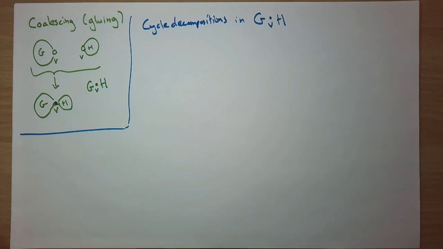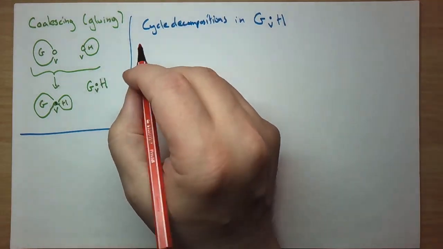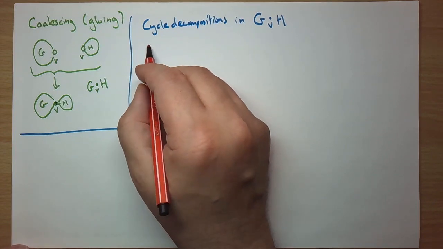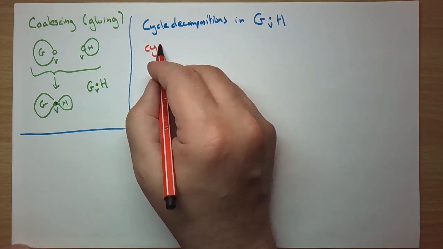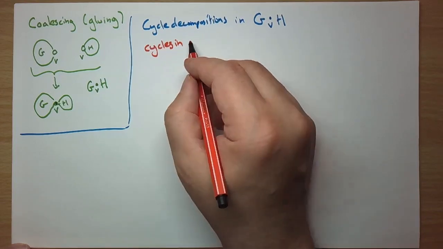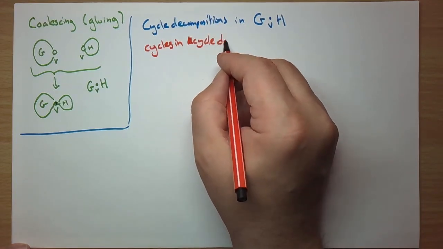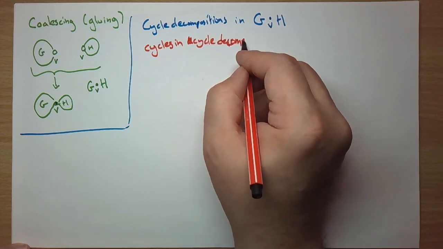Okay, so you've hit the nail on the head when it comes to what's there to understand here, and this is our great aha insight: cycles in the cycle decomposition pick a side.